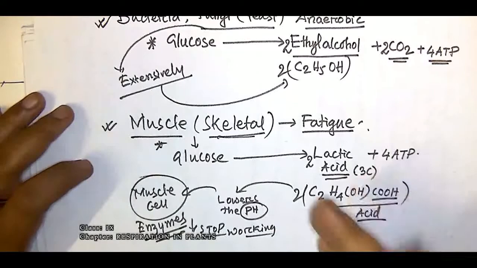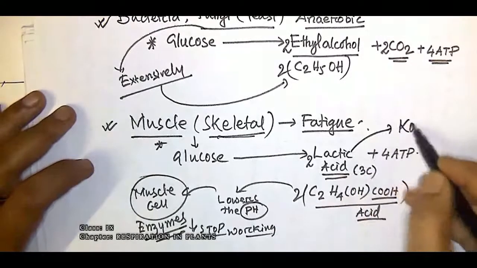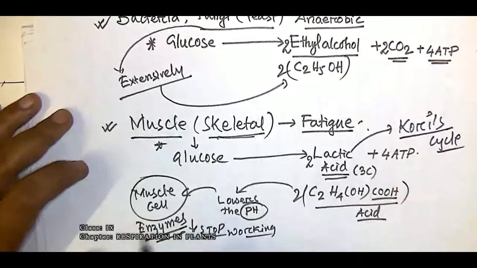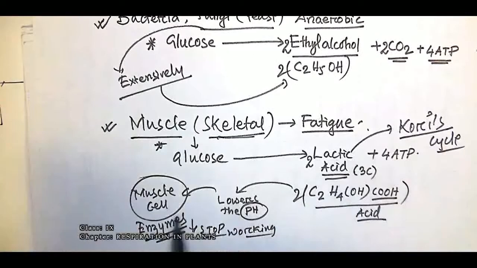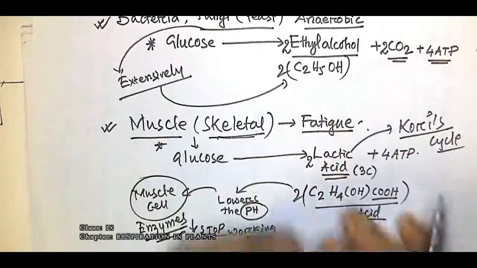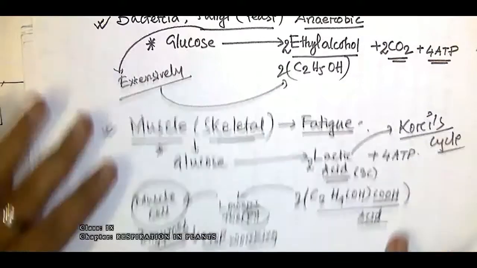So removal of this is done by a separate process. If you are interested, you can look into Cori's cycle. Okay. So Cori's cycle is basically the process by which this lactic acid is ultimately removed from your muscle, restoring activity of your skeletal muscle. I believe it is clear to everyone.